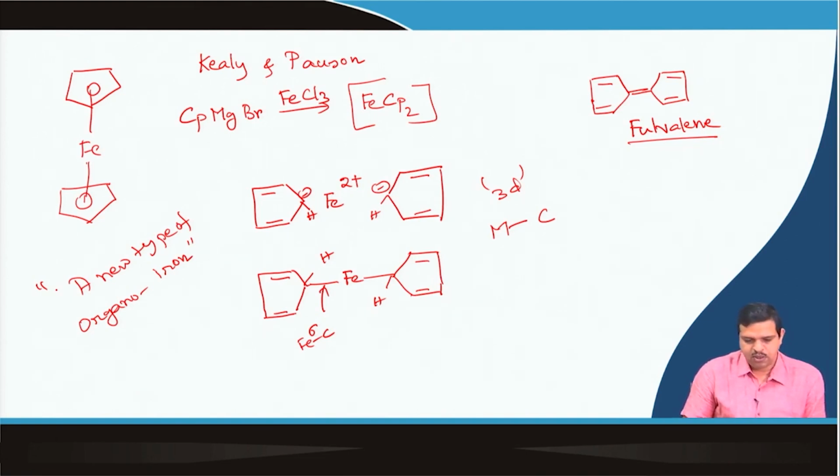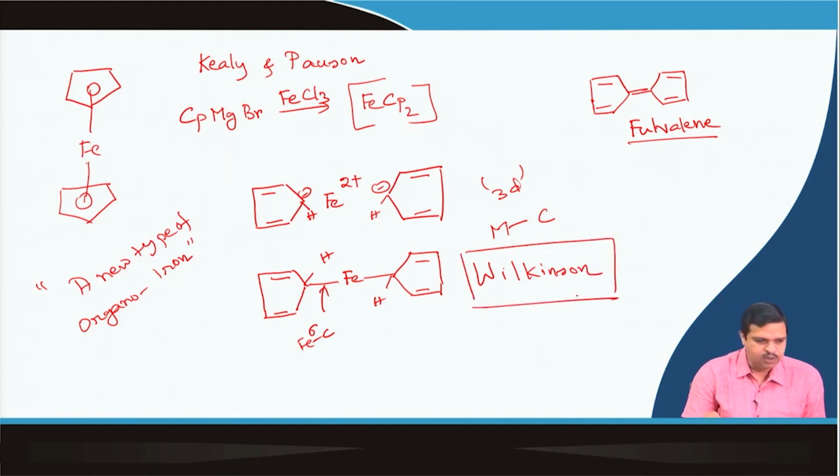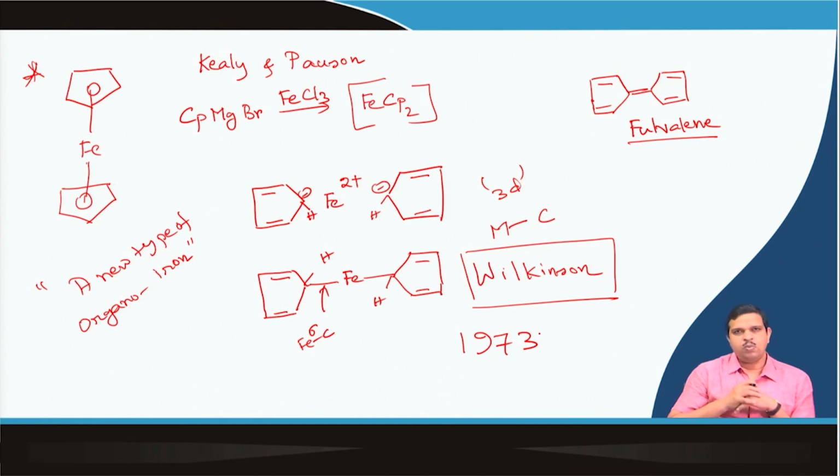After almost 10 years, Wilkinson and Fischer proposed the real structure, that it is a sandwich type of model. So this is the model, the sandwich complex. And in 1973 they got the Nobel Prize for the discovery of the metallocene structure.